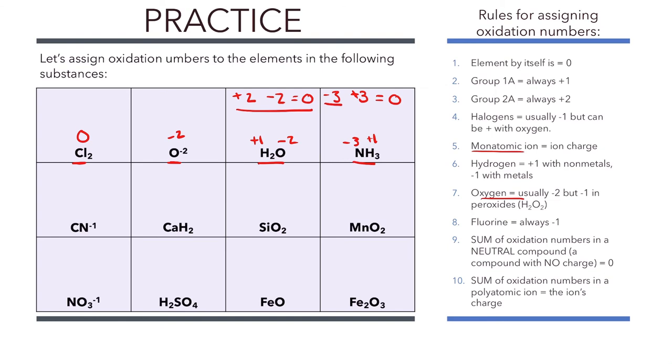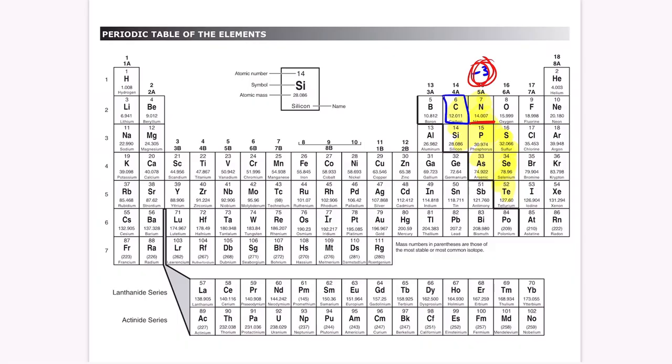All right, let's go ahead and do cyanide. This is a polyatomic ion, so the sum of all of the oxidation numbers from carbon and nitrogen has to equal -1 because that is the charge on that polyatomic ion. And there is no specific rule for either carbon or nitrogen. And so I'm going to look at my periodic table really quick.